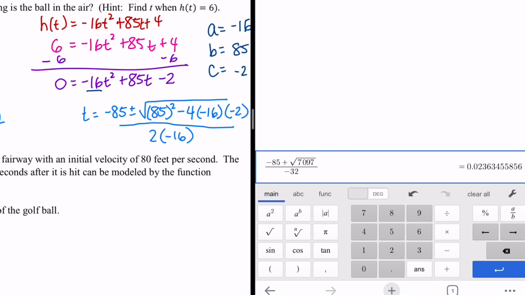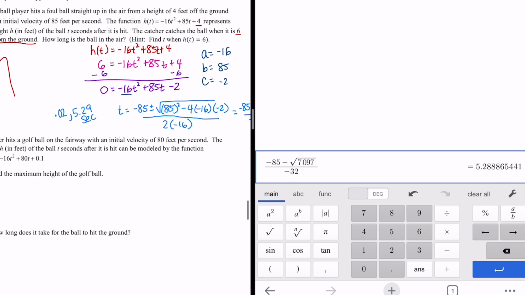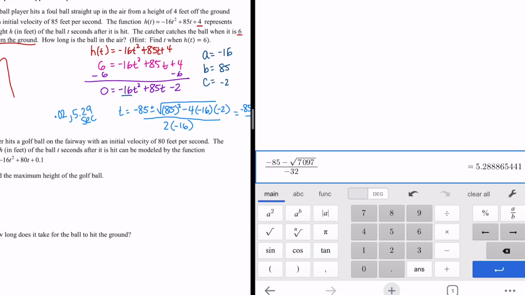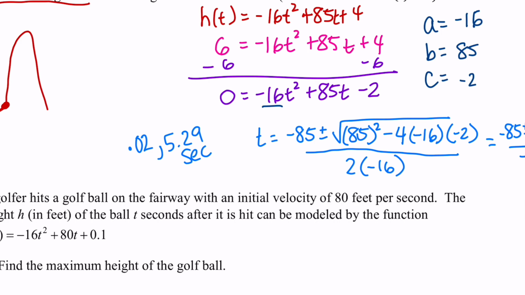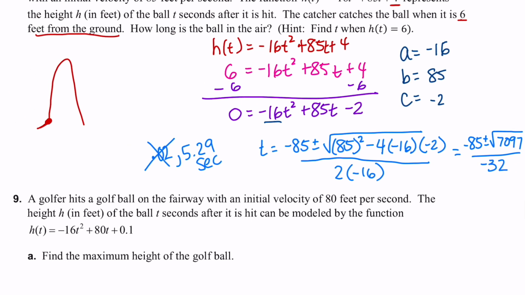The second one, I'm going to take that numerator plus, delete it and type in a minus, and it's going to be 5.29 seconds. So it's going to say how long is the ball in the air. Now I wouldn't want to say 0.02 seconds, because that is instantly after the ball is hit.